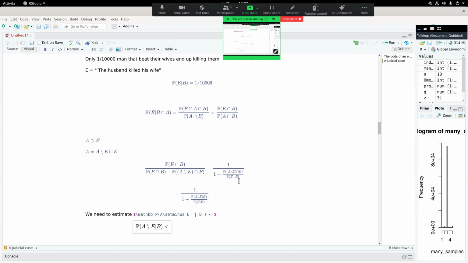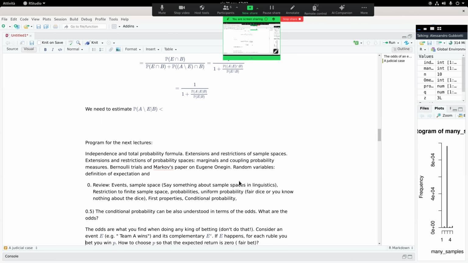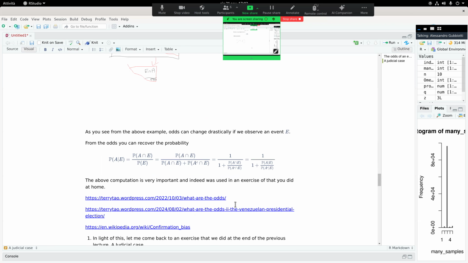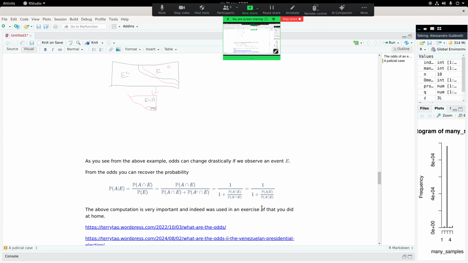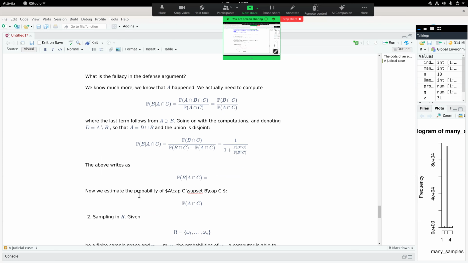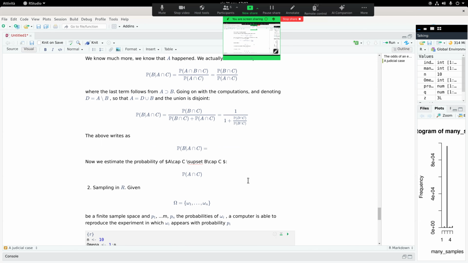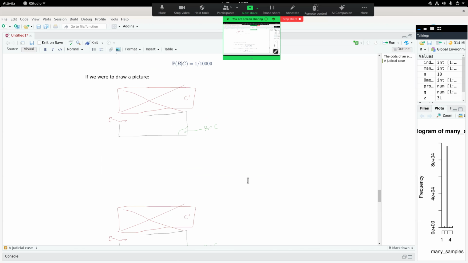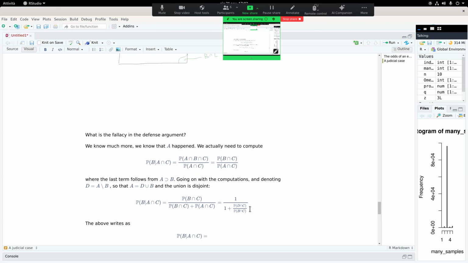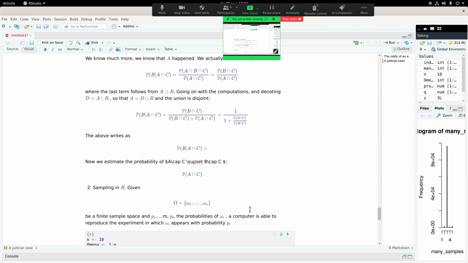So we need to say that this is less or equal than a small quantity. Okay, let me check. I have it written here. Otherwise I will make a mess. I didn't write it. Okay, sorry.